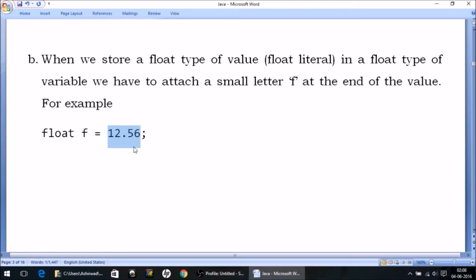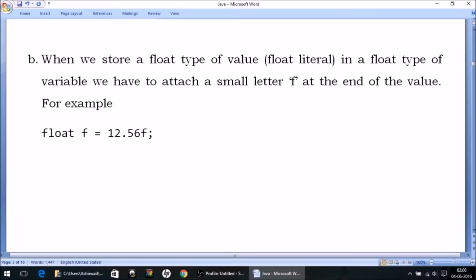Okay, this is the setting in Java, you can say. So in order to tell the language to treat this value as float type value, you must do something here, and that something is this little f sign.